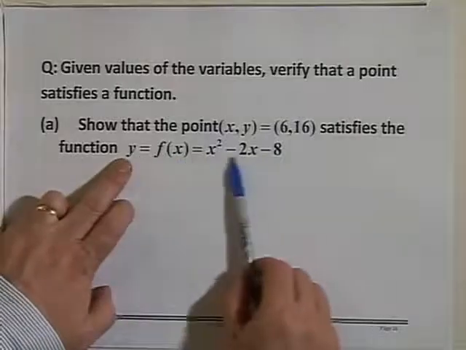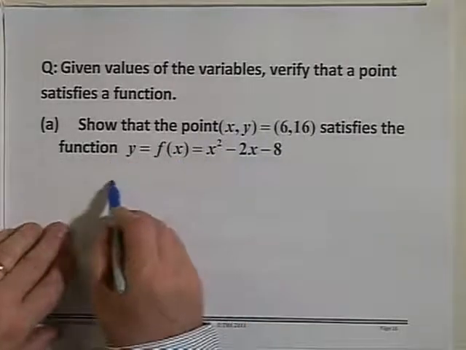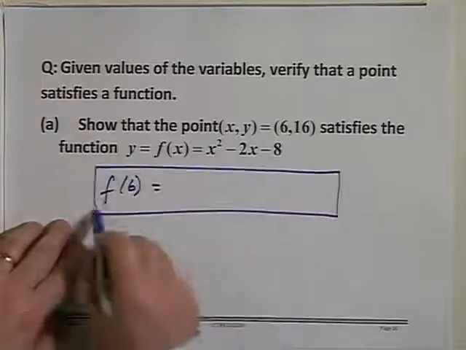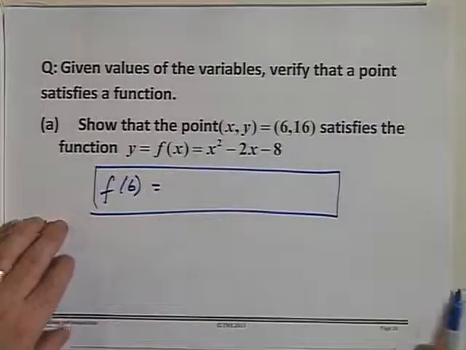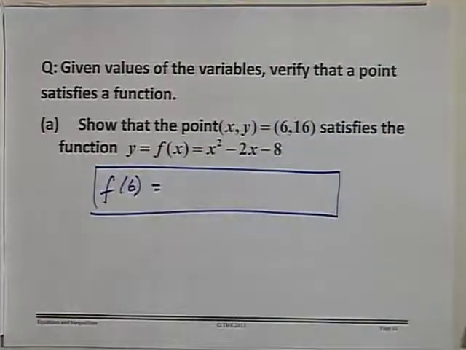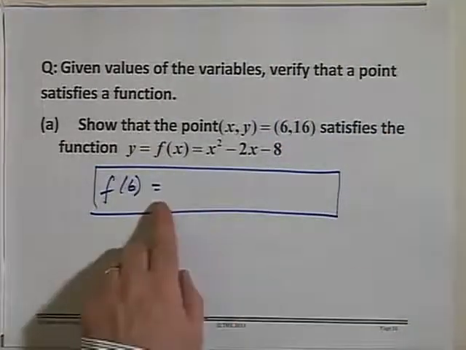So show that the function here, f of x, what is f of 6? So plug in f of 6 there and see what you get for x squared minus 2x minus 8. Give that a try. Plug in the value 6.